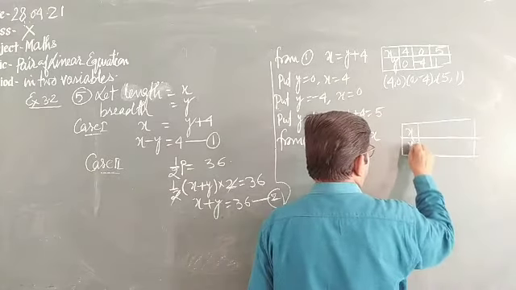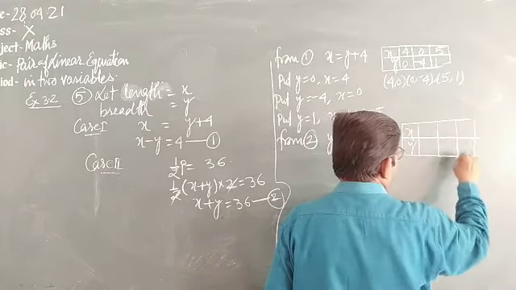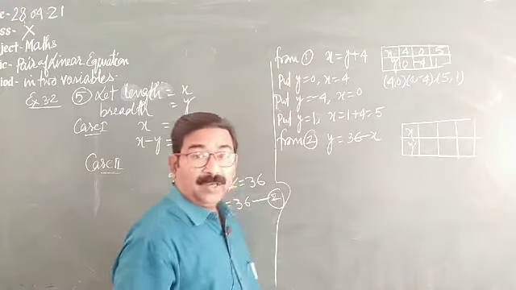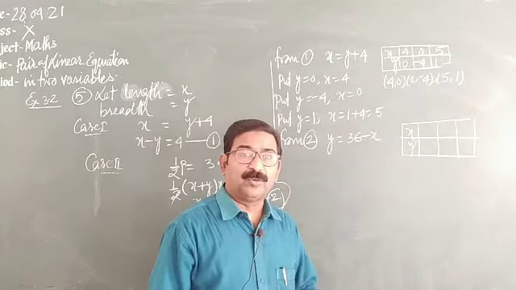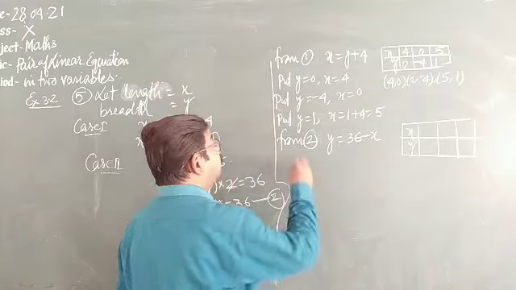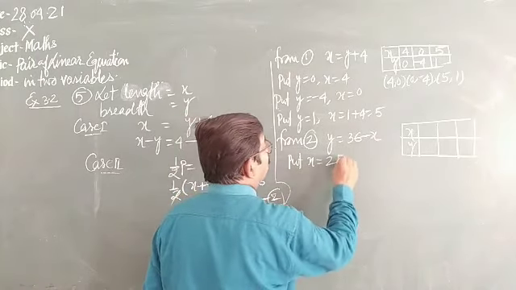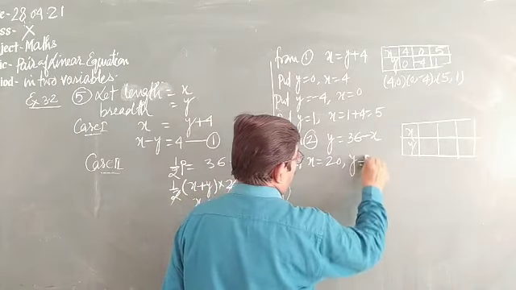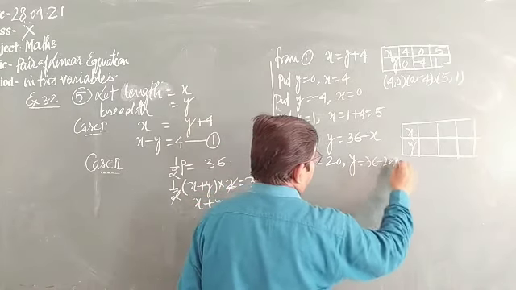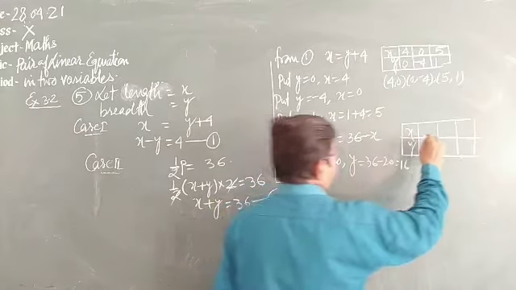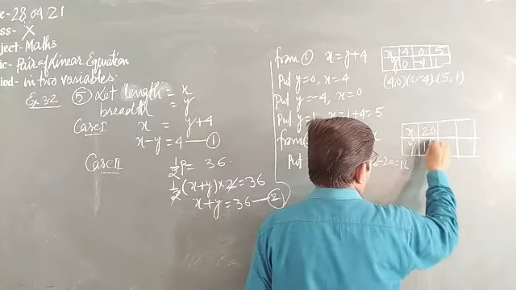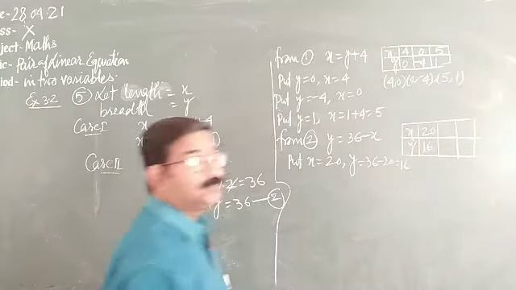This is x and y. Now write the value of x to get y. Put x is equal to 20, so y is equal to 36 minus 20 is equal to 16.